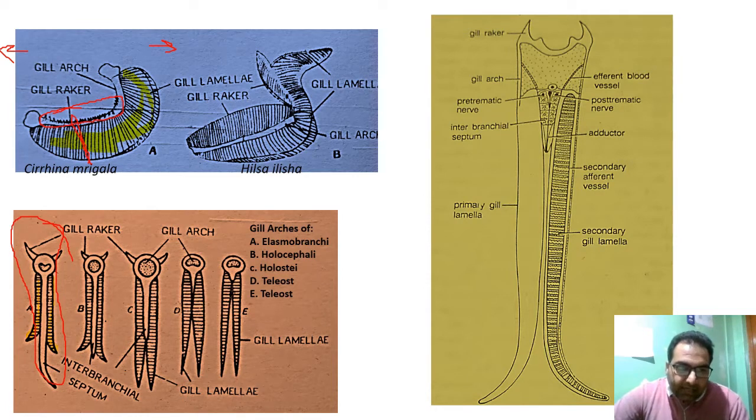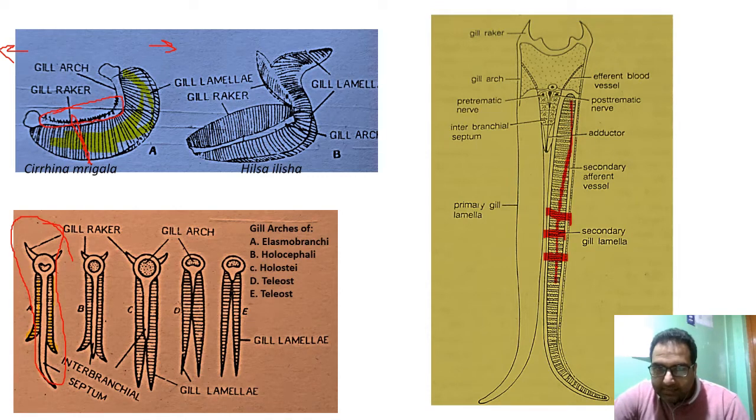But these creases on the primary gill lamellae, which increase the surface area, I am going to show you by the red color. These creases, like this crease, like this crease, which increase the surface area of the gill filament or primary gill, are the secondary gill lamellae. And this part is called the interbranchial septum.